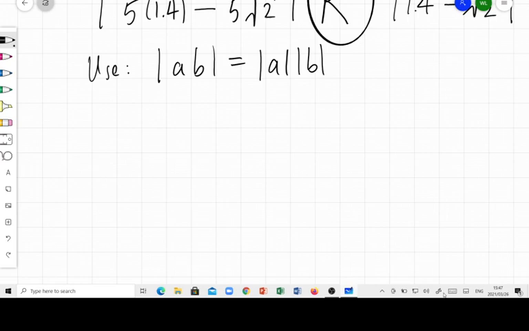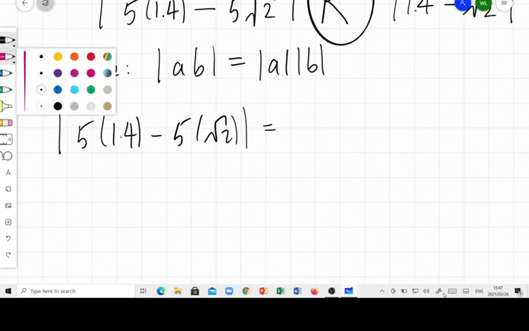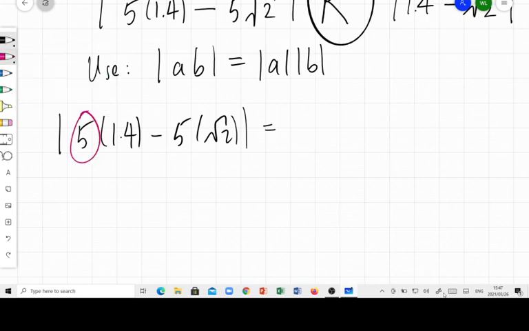Okay, so when I look at this 5 times 1.4 minus 5 times square root of 2, the only reason why I will factorize out this 5 is simply because I want to expose the known 1.4 minus square root of 2 term.